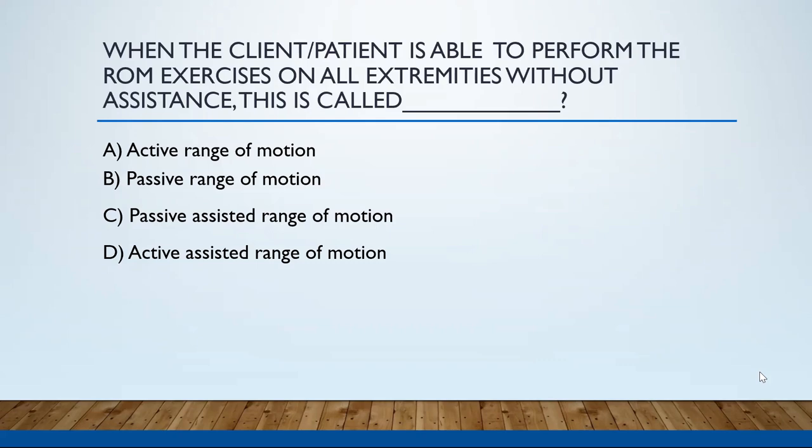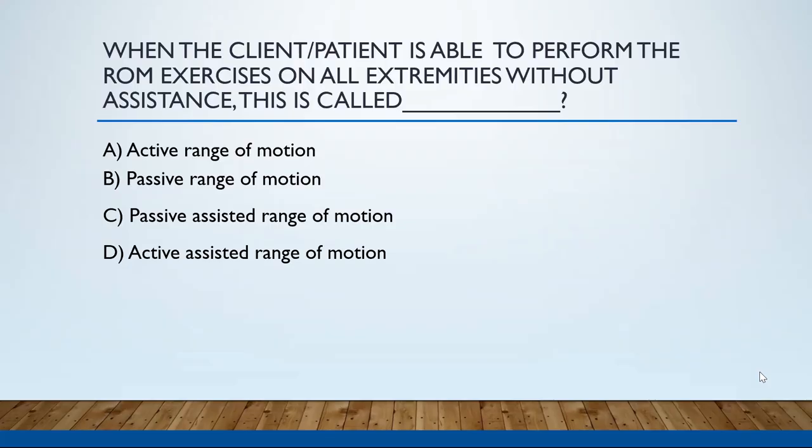A, active range of motion. B, passive range of motion. C, passive assisted range of motion. D, active assisted range of motion. When the client is able to perform the range of motion exercises on all extremities without assistance.